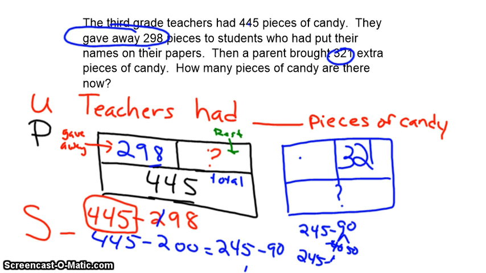Taking away what? Right here? 40, right? What does that equal? It equals 205. Now I have 50 left, don't I? So if I go 205 minus 50, could I do that? What does it equal?